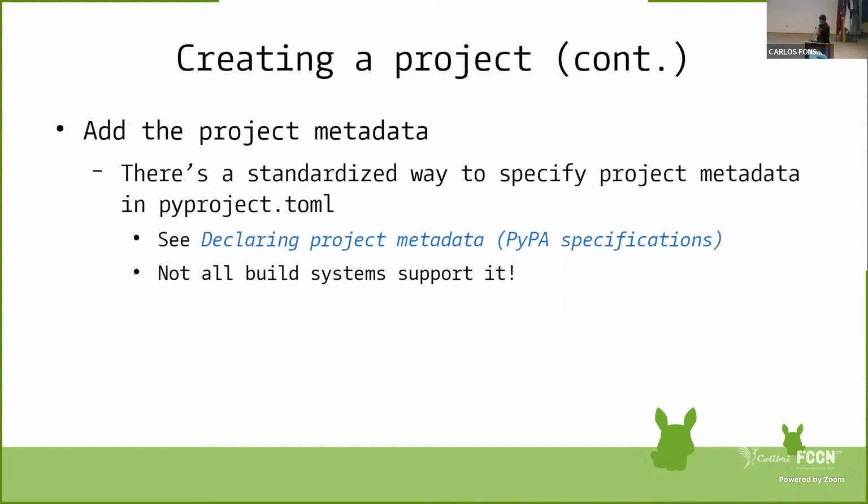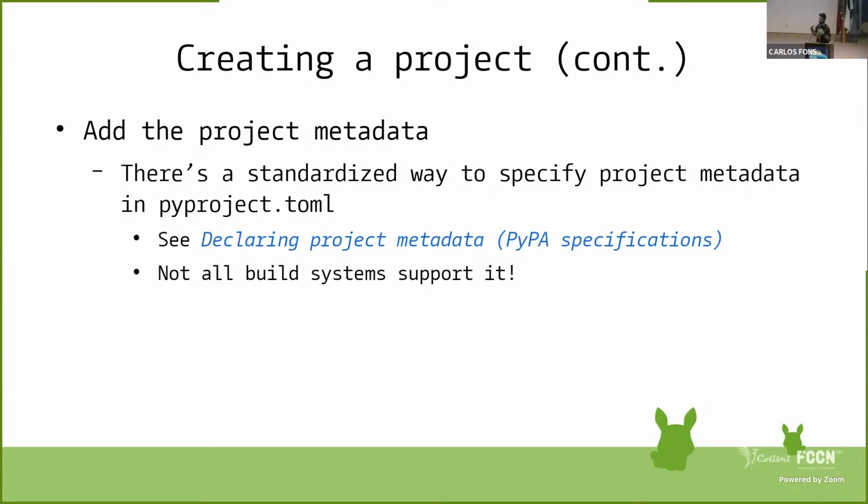And then you will want to add the project metadata: the project name, version, description, authors, all that sort of thing, and the dependencies that your project might have. There is a standard way to do that in pyproject.toml, but it's not supported by all backends, so you want to look at the documentation for your build backend to know if it is supported.